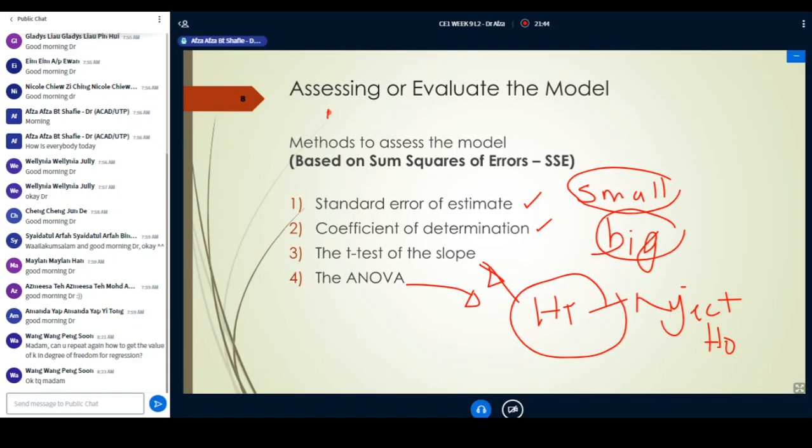So then only we say that Y equals beta naught, the one that we calculated, is a good model. That means this model that we estimated is acceptable.